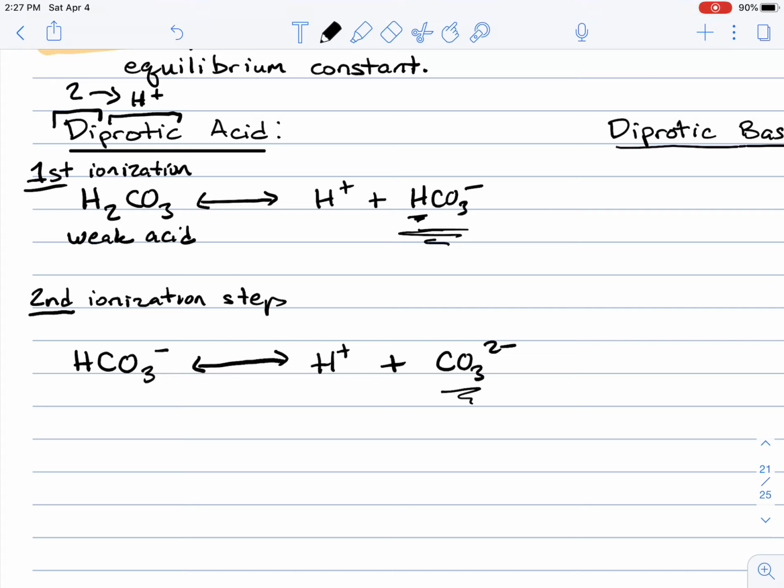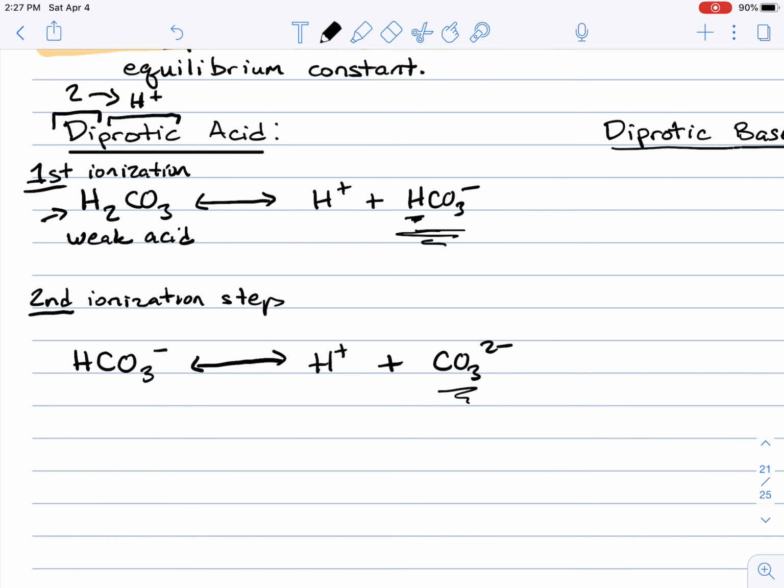Now, let's go back and look at this first ionization step. When carbonic acid ionizes one time, the equilibrium constant associated with it is Ka1. This 1 represents the first ionization step.